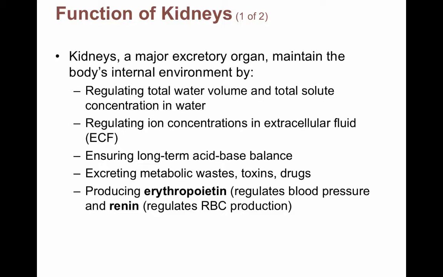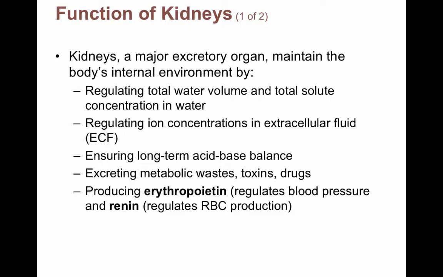If you remember, we talked about how your body responds if it gets too acidic or too basic, through the processes of either respiratory acidosis or alkalosis, or metabolic acidosis or alkalosis. We talked about excreting metabolic waste, like urea, uric acid, toxins, and drugs that you may be taking.